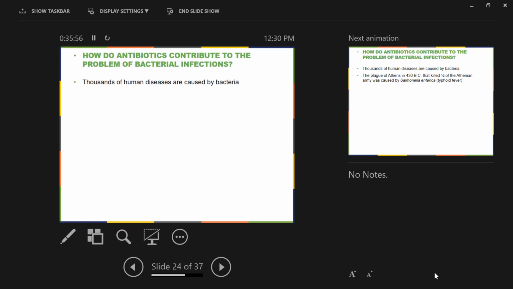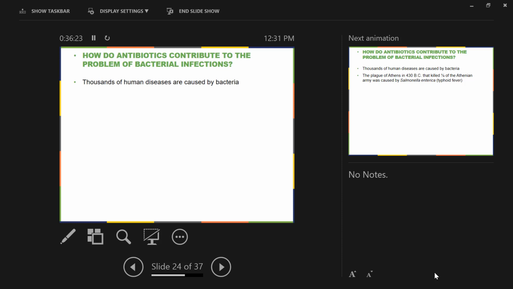Basically, in as old of human writings as you can find, there are descriptions of pathology that we know are caused by bacteria. And then you've got groups of organisms that were really good at preserving their humans that died. The Egyptians were really good at that, and even the Greeks. They wouldn't embalm like the Egyptians would, but sometimes they would do a really good job of burying them, so they'd be pretty well preserved.